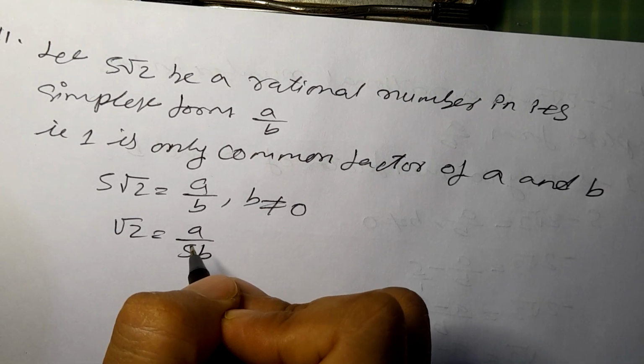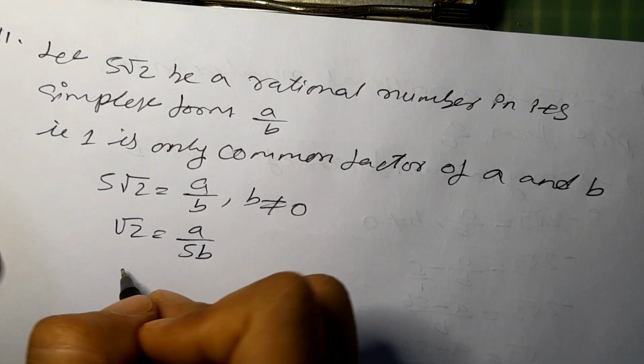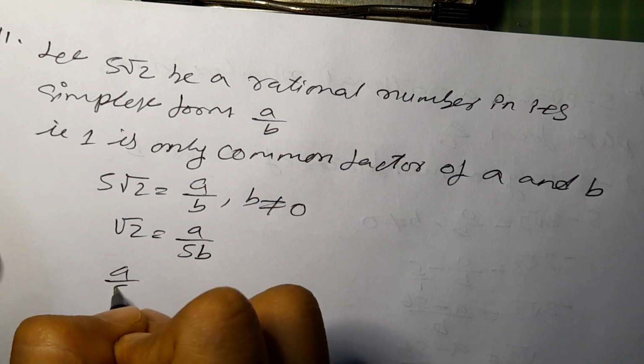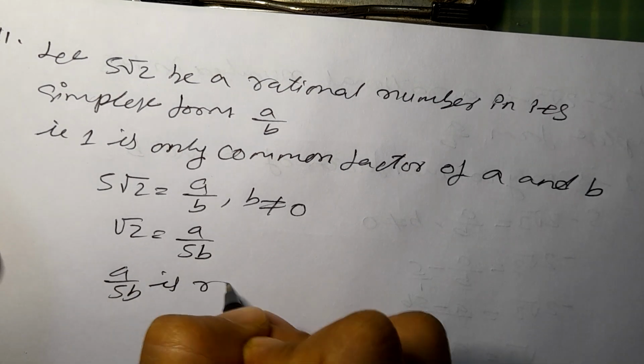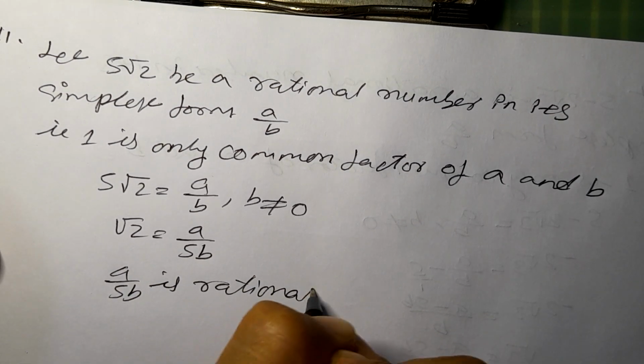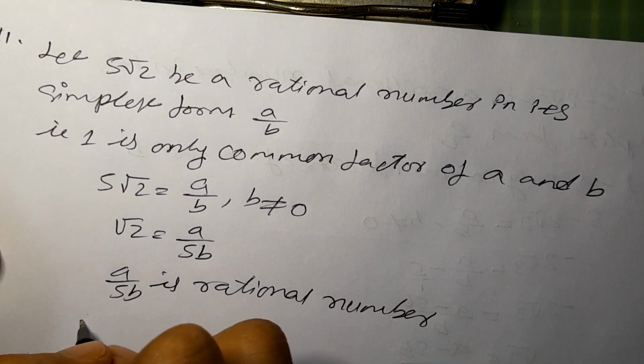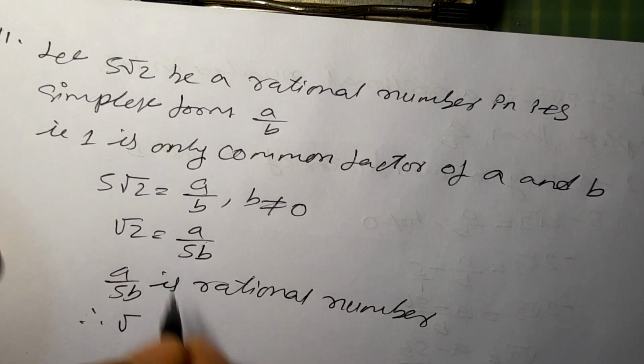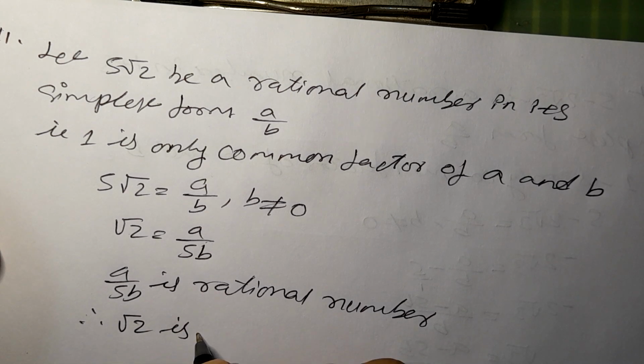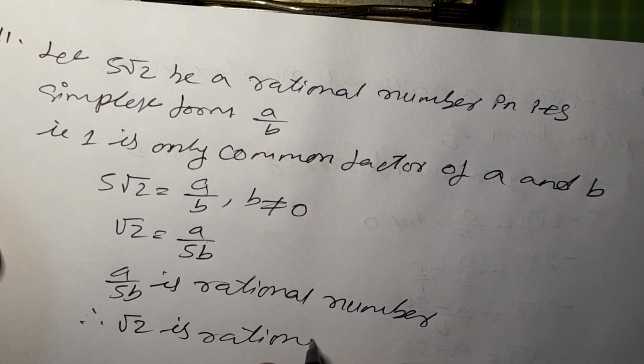Since a by 5b is a rational number, therefore root 2 is a rational number.